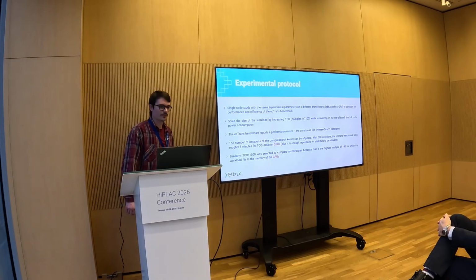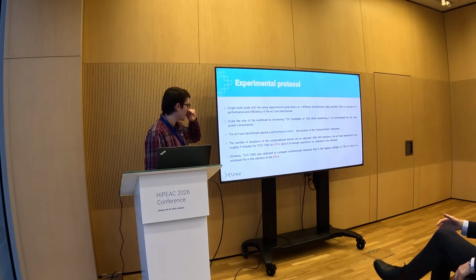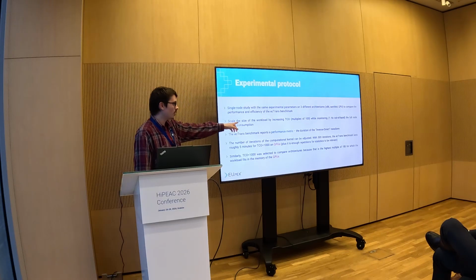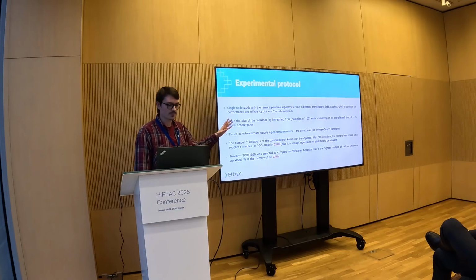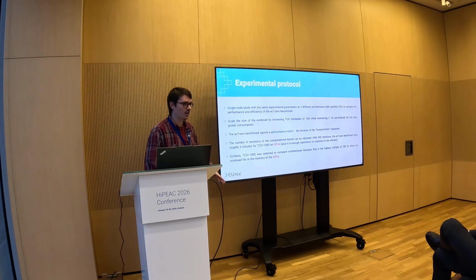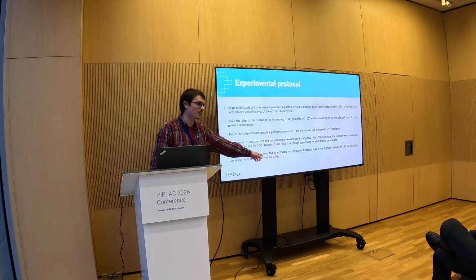Okay, so for this comparison, I did a single node study with the same experimental parameters on the 3 different architectures. The goal was to monitor performance and efficiency for EC-trans. I scaled the size of the workload by increasing the TCO from 100 to 1000. Why 1000? Because that's the biggest size of an input dataset that fits the memory of the GPUs.